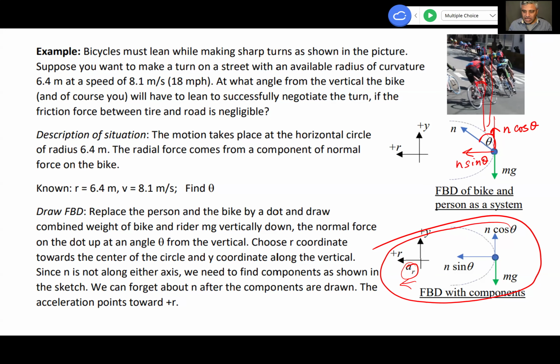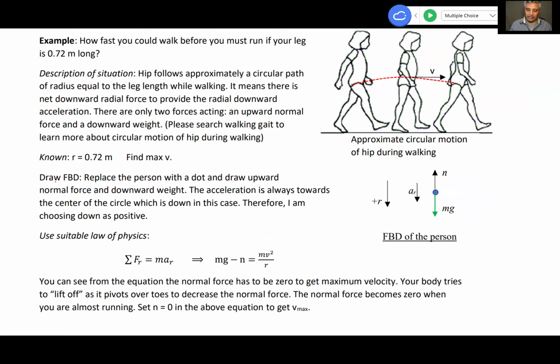And even when we are walking, what happens? Our hip, for example, is moving along part of a circle. You can think of this as part of this big circle, and there is the center of the circle. So that means there is a downward acceleration here, even if you are moving with constant speed in that direction.